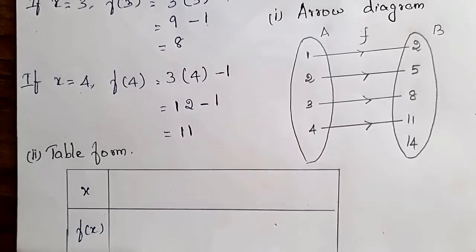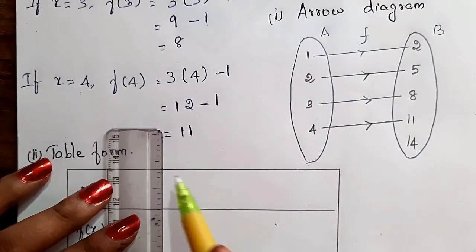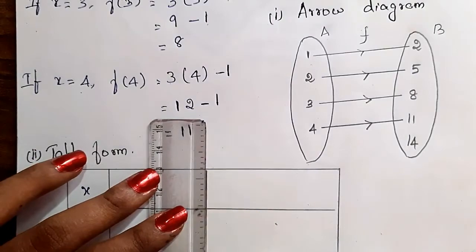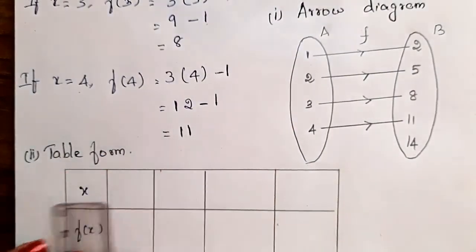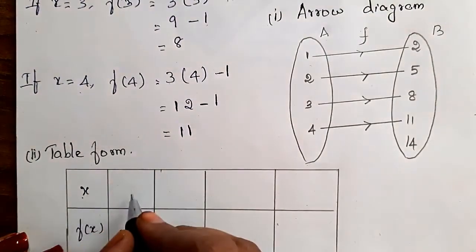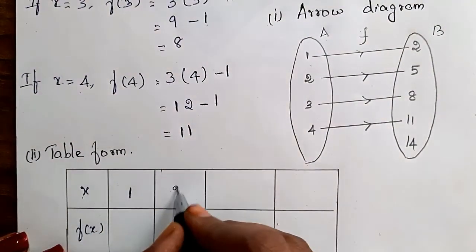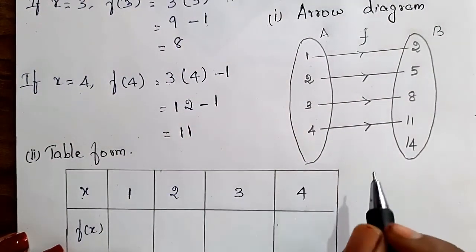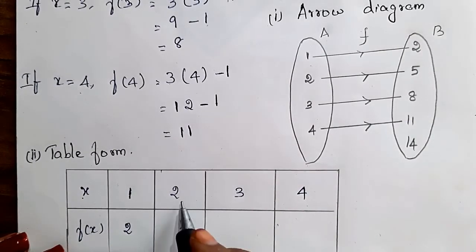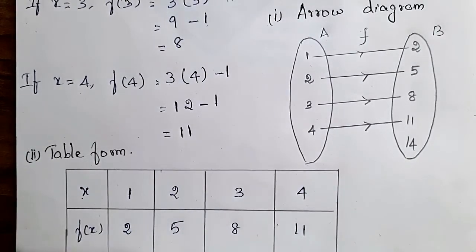So how many x values do we have? 1, 2, 3, 4 x values and the corresponding f of x values. The x values are 1, then 2, 3, 4, and the corresponding y values are 4, 5, 8, 11. That's all. This is the table form.